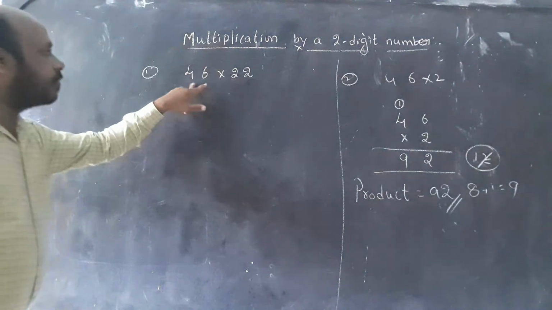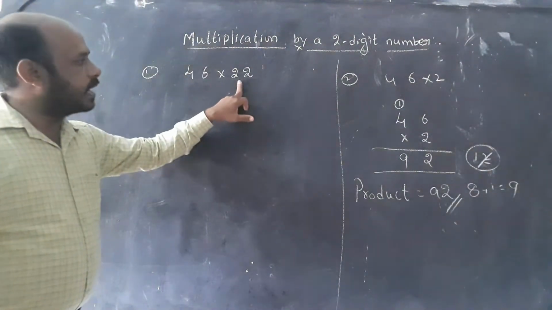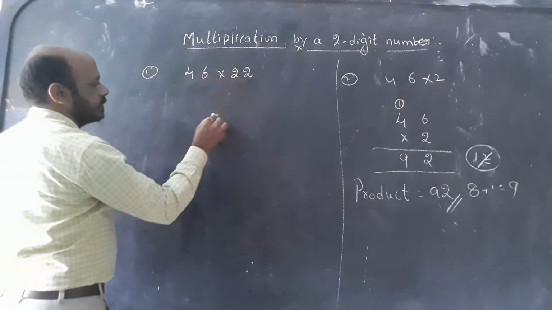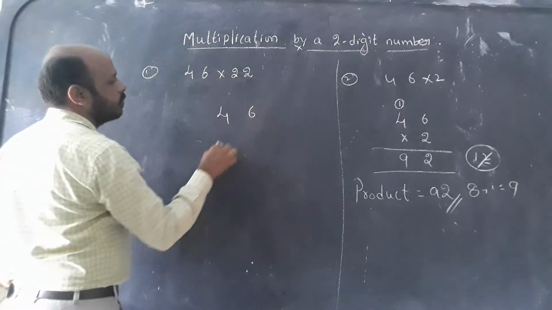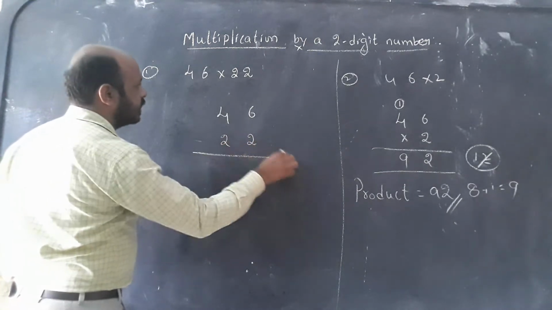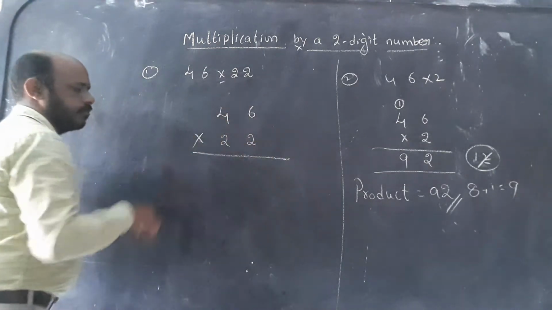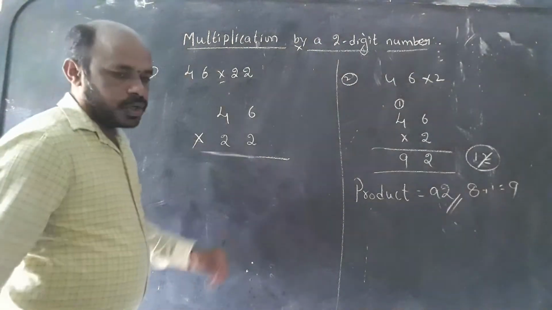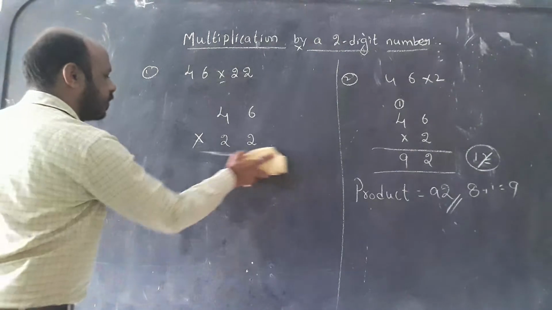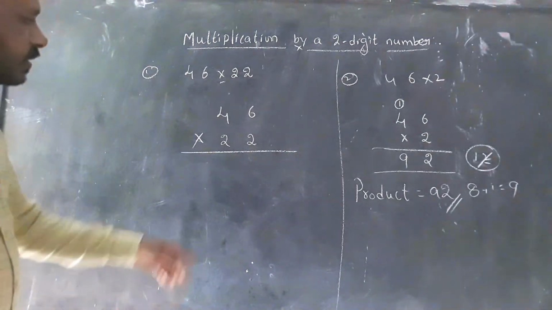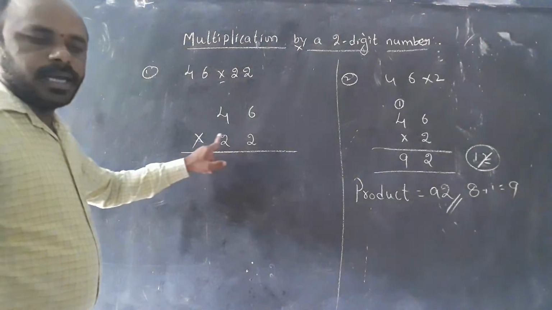But here the multiplicand is the same, and in the multiplier place I extended one more digit. Whatever is given, we have to arrange in column method and apply the multiplication symbol. Here we compulsorily need two tables, the two table only, for both ones place and tens place.